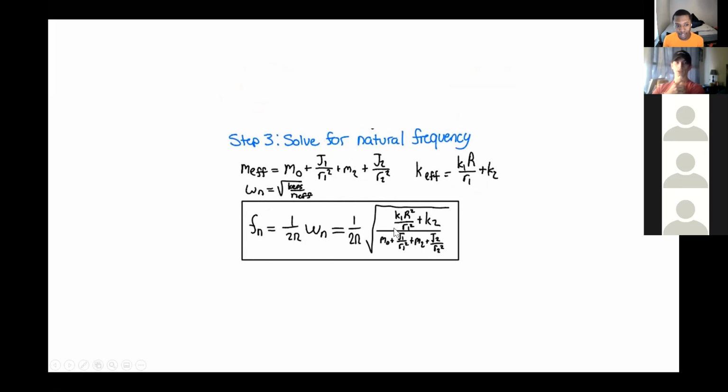Now, moral of the story is don't do it this way, ever. If you have the option to use energy methods, use energy methods. You get the same answer, but don't do it this way. I mean, you can if you want to check your answer or something like that.